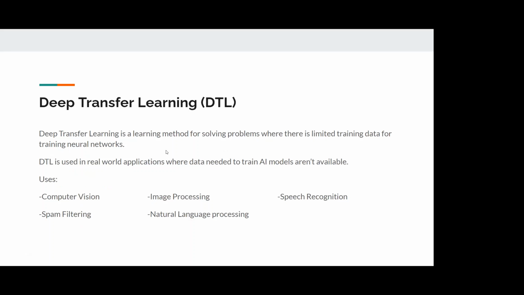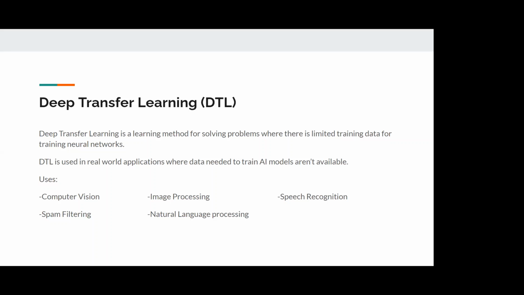So deep transfer learning is a method used primarily for solving problems with inadequate training data by training neural networks with small amounts of data and eliminating requirements for training in AI models.